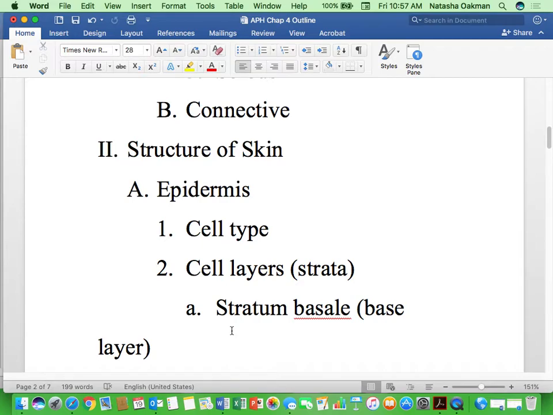So at this point, they do not have keratin in them. They're just making new cells. We have to keep replenishing our cells since we're losing them all of the time.